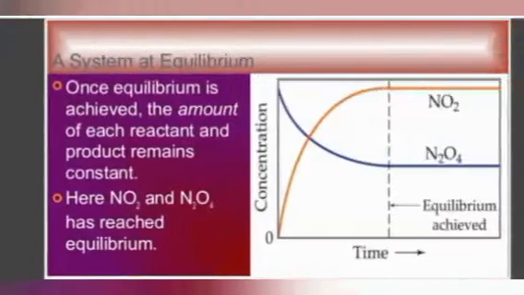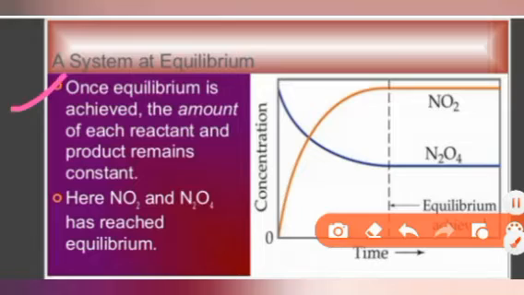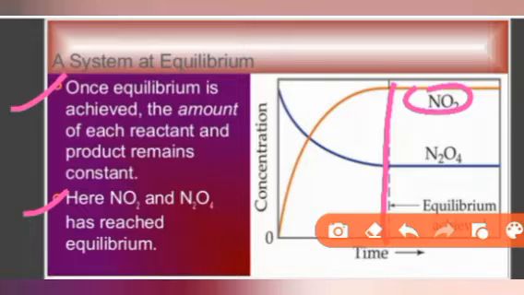So this is the basic system of equilibrium we need to understand. Once equilibrium is achieved, suppose this is the stage where equilibrium is achieved, the amount of each reactant and product remains constant. Then whether you increase the concentration of reactant, it is not going to change the rate of reaction. Here NO2 and N2O4 have reached the equilibrium stage.